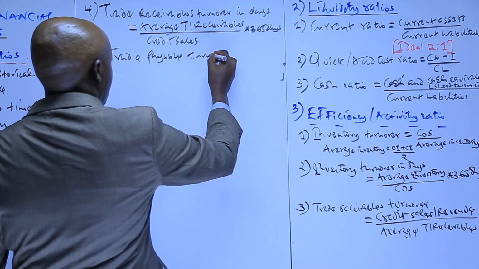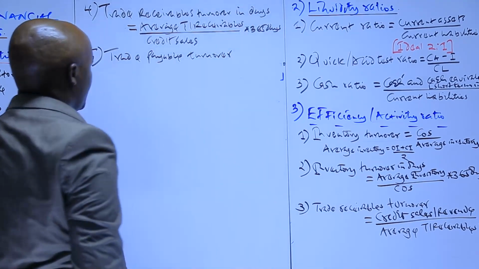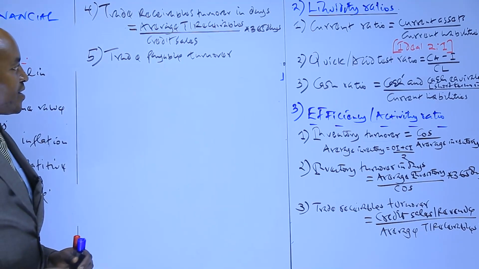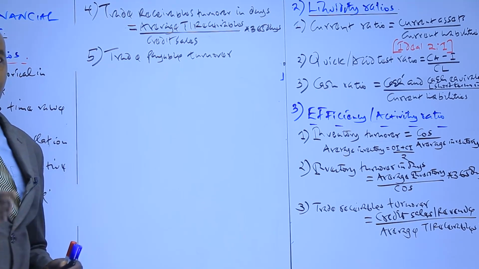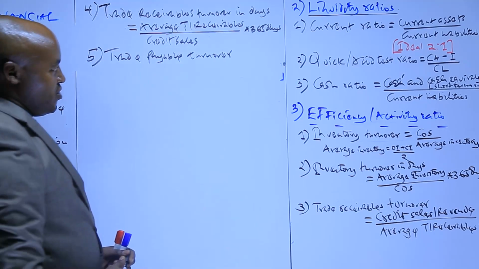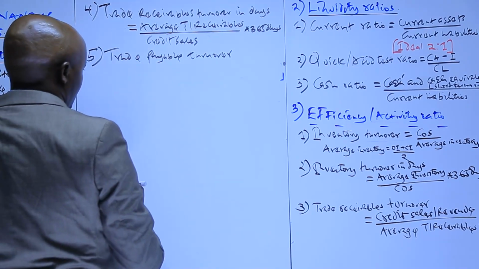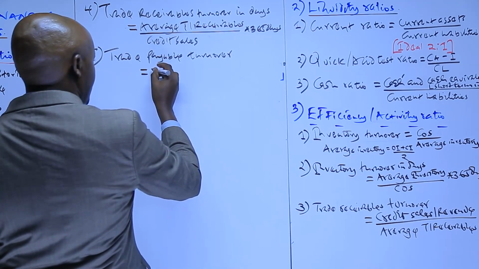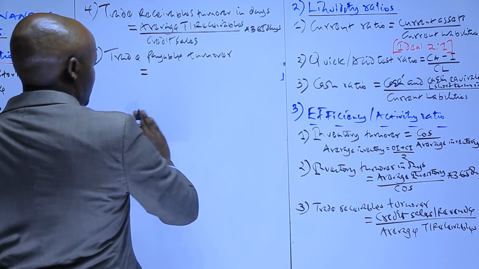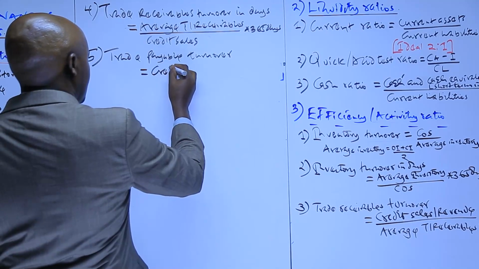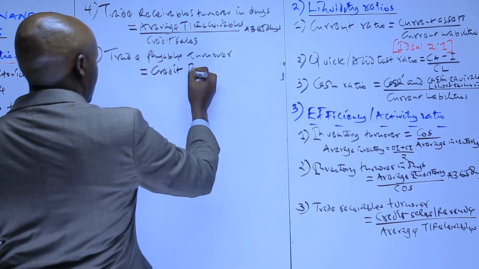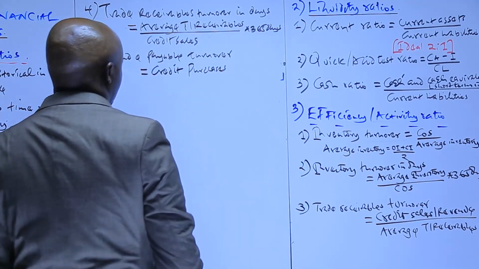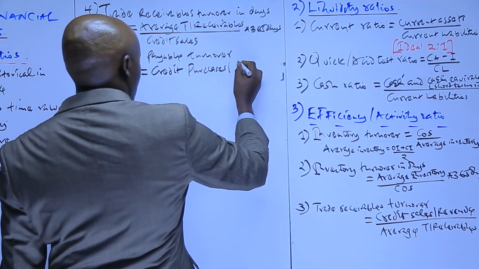Then the other one, number 5, we have trade payables turnover. This is a ratio computed to measure the frequency of paying the suppliers, or the number of times on average the company paid the suppliers. In terms of how we compute this, we take the credit purchases, or the cost of sales.